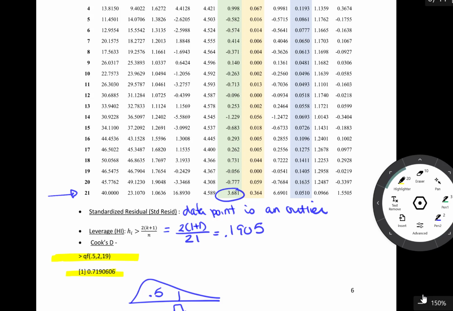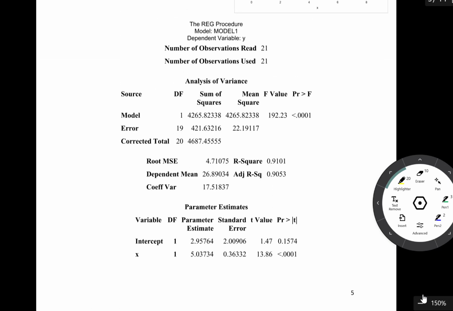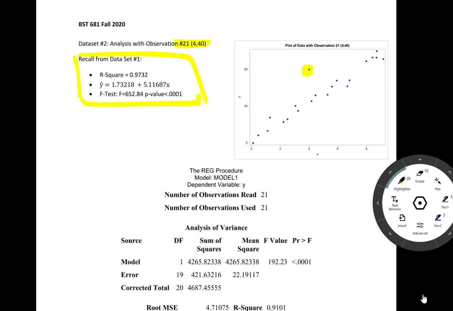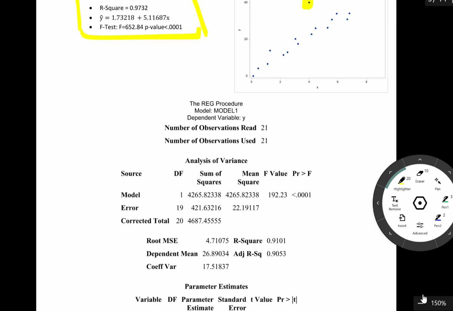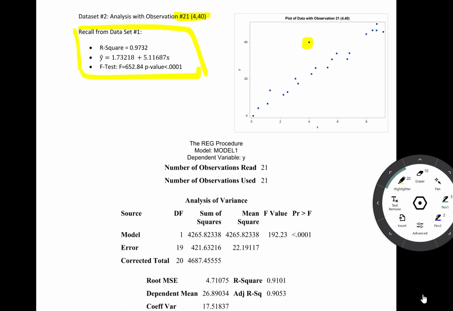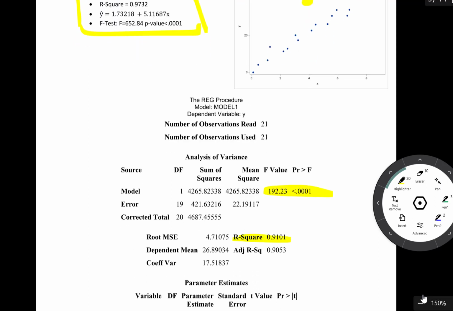Now, we did have an outlier per the standardized residuals, so let's go and see if our regression analysis changed very much based on the presence of this outlier. To do that, we're going to compare our original output from data set 1 to our new output with our second data set. So first of all, previously we had that the F-test was significant. Notice here our F-test has slightly changed, but it is still significant, so we end up with the same final result. We see that our R squared has dropped a little bit, but it's still pretty high.